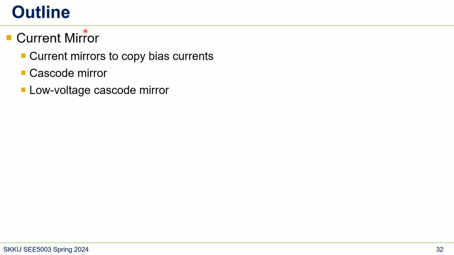So here's a summary. We learned about current mirrors. First, we showed the current mirror concept and why we need it. Then we saw the problem with the very basic current mirror, which was just this.